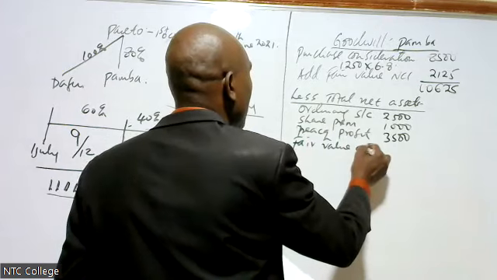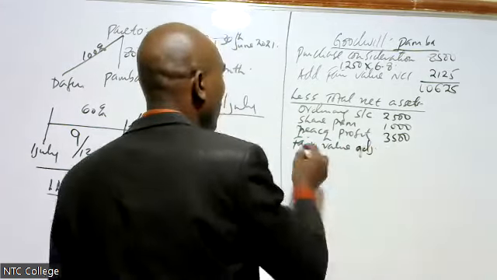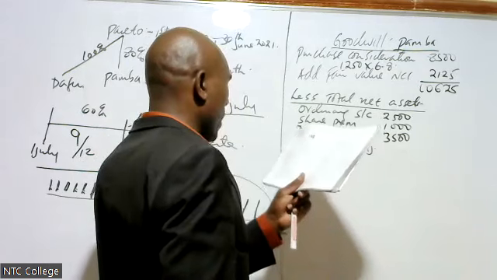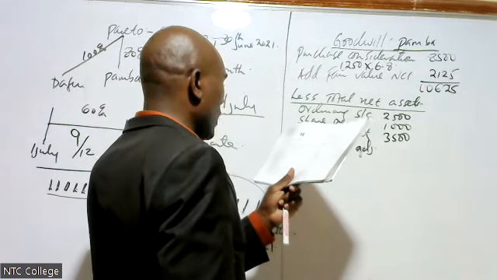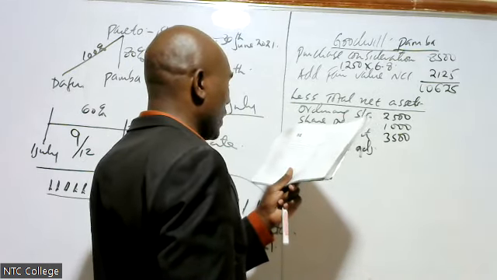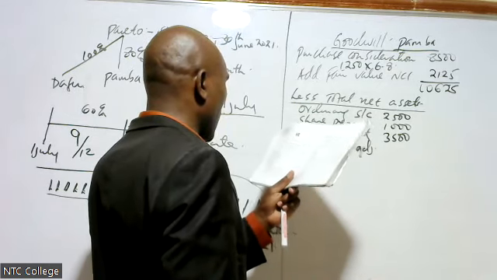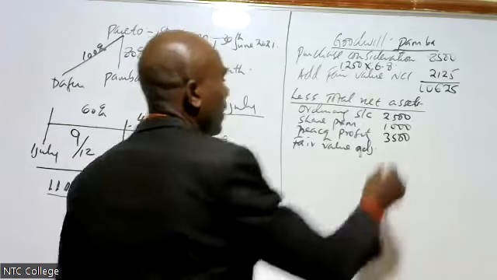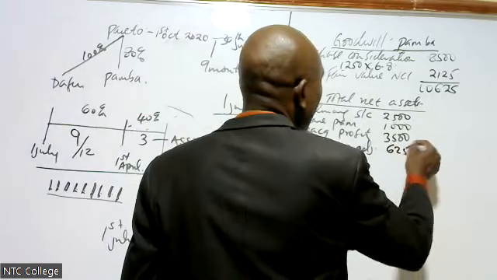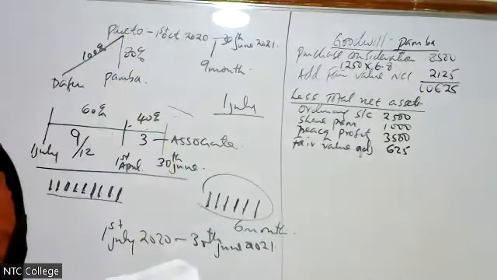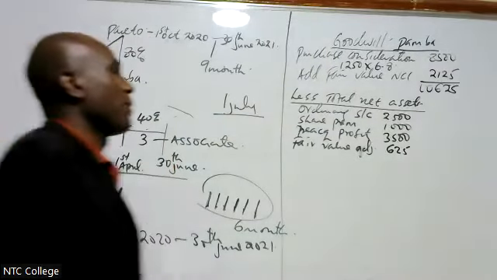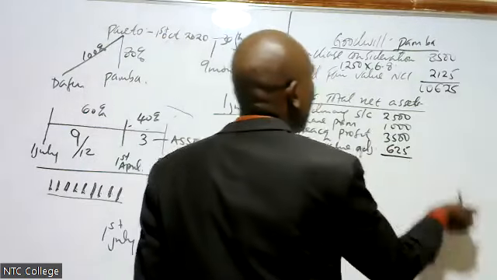At acquisition, the only adjustment required to identify net assets of Pamba Limited was for land which had a carrying amount of 625. Therefore, we add 625 there. Those are the net assets that we acquired.